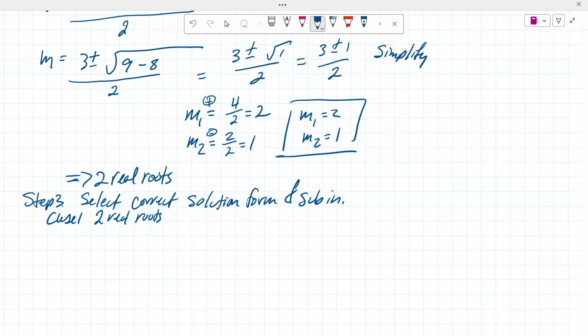So it's going to be like this. We're going to do y of x. We just simply look it up from above: y equals c1 e to the m1 x plus c2 e to the m2 x. So this is the given solution for 2 real roots.